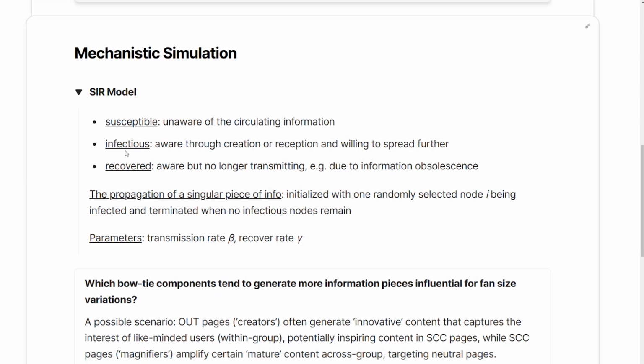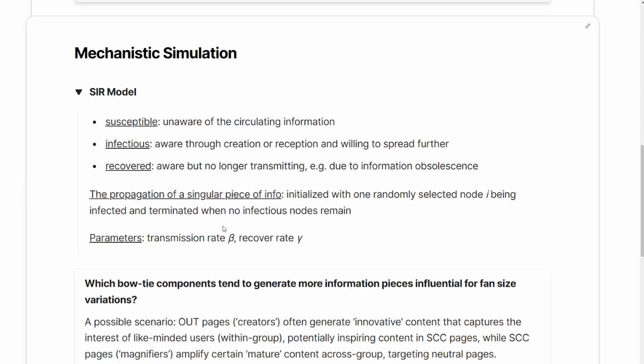That signifies the total information flow terminated, and the total number of followers influenced by this information piece, we treat as the influence of the information initializer of that page.